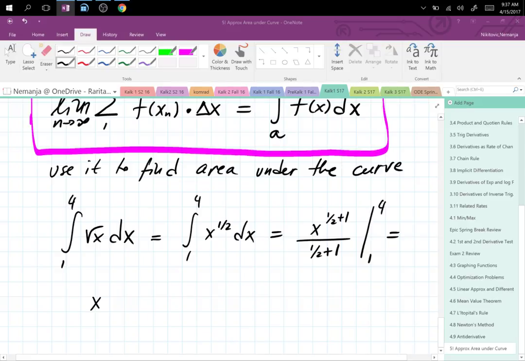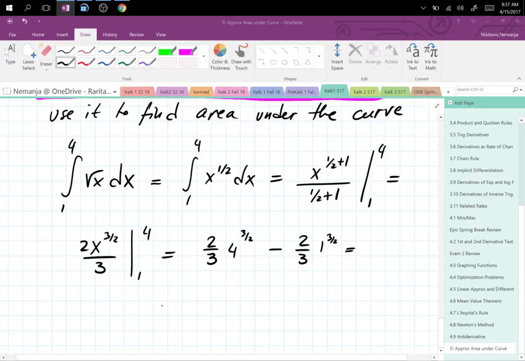So that's going to be x to the 3/2 divided by 3/2, and I'll put halves up to fix the double fraction immediately. And the formula is you plug in the upper value first, and then you plug in the lower value, and you subtract. So the lower value next, and then you compute.